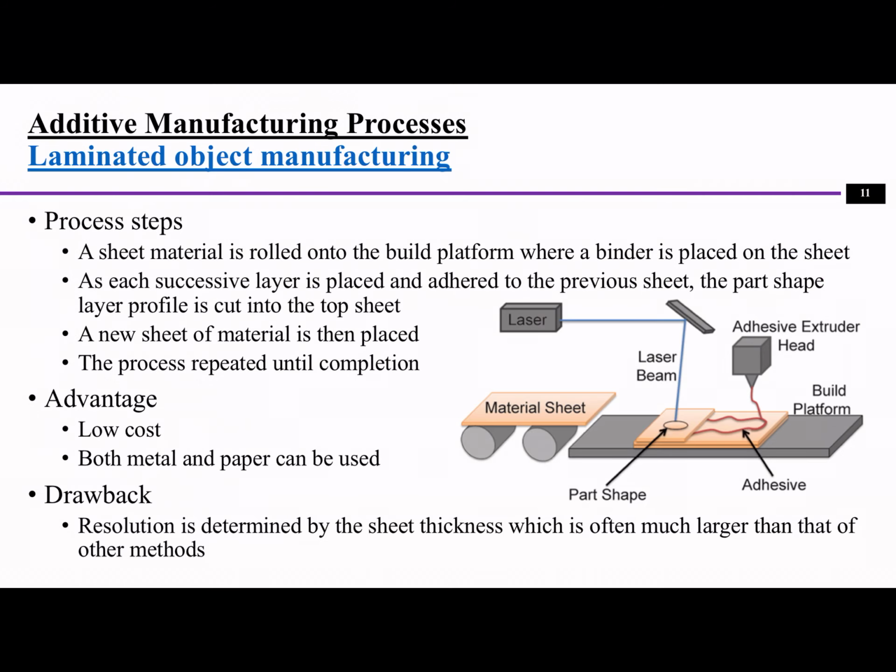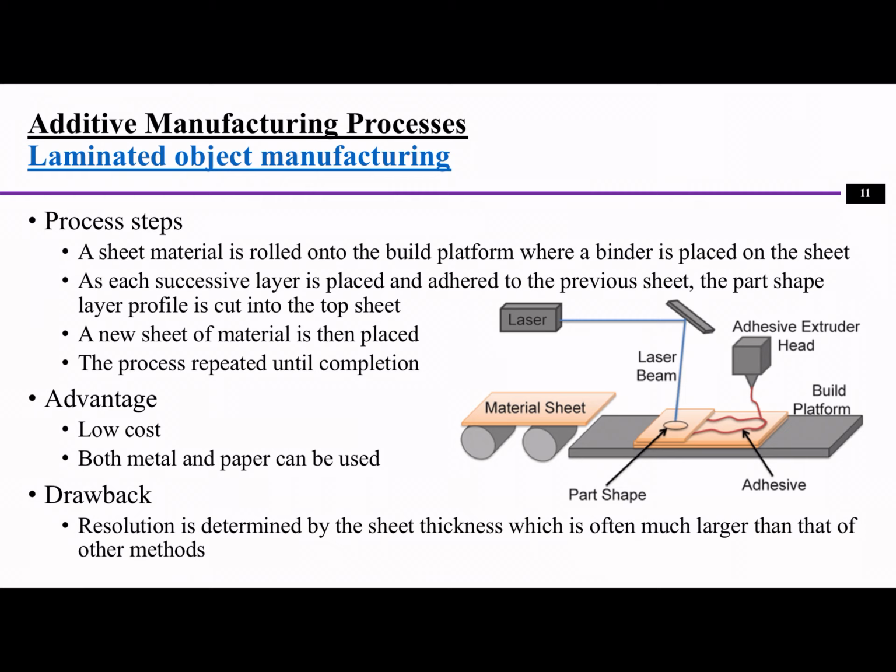Then the last process we're going to talk about is laminated object manufacturing. So this process is basically using sheet materials. We first put one sheet of the material on the platform, and then between the two sheets, we have an adhesive extruder head to deposit some bonding material, so that the sheets can be bonded.